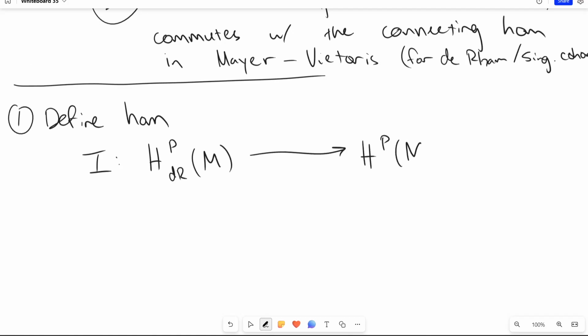So an element of the de Rham cohomology is an equivalence class of a differential form.